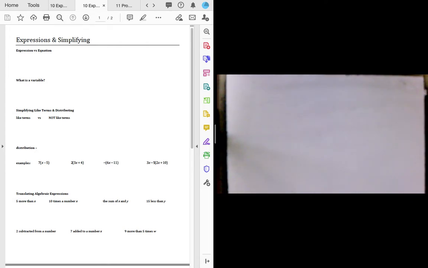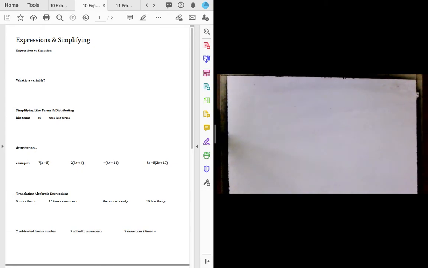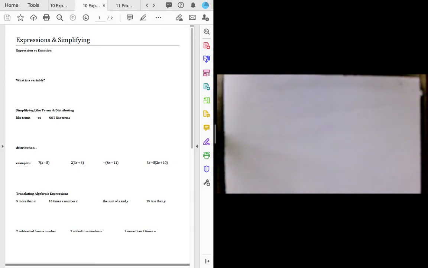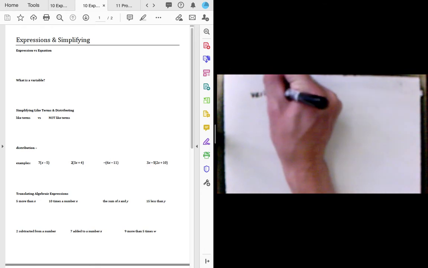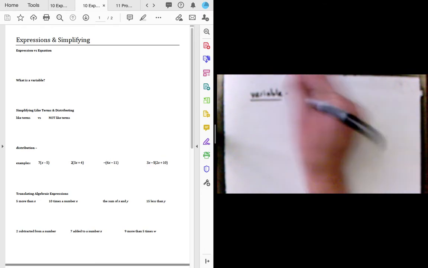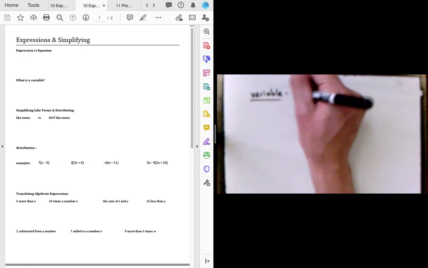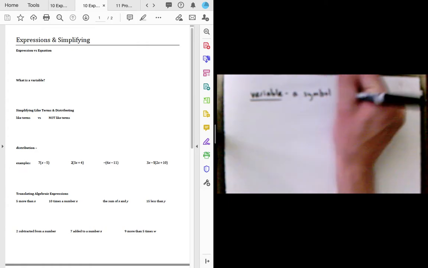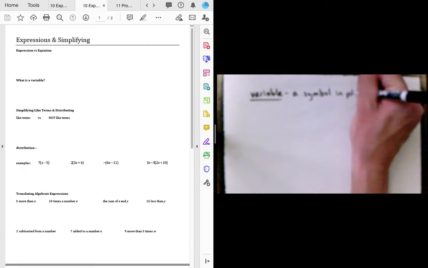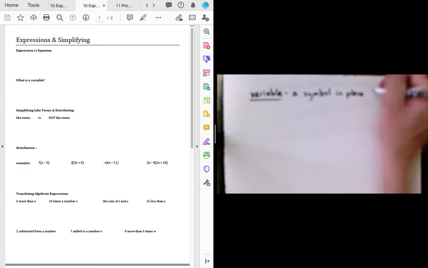Why do we use letters, really? It's probably a good place to start. Remember that we use letters to represent things that we don't know yet. And these letters are referred to as variables. For now, we're just going to mention variable as a symbol in place of an unknown value.